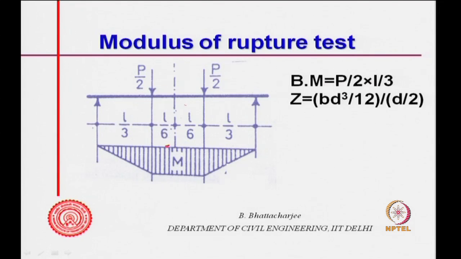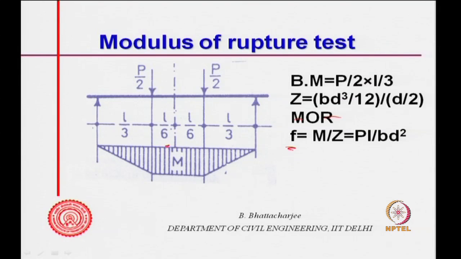And the maximum stress, Z value, as you know, is the moment of resistance, will come out to be PL by BD square, because the Z section modulus is BD cube by 12 and D by 2. So, this will be simply BD square by 6, and therefore, M by Z will be PL by BD square.